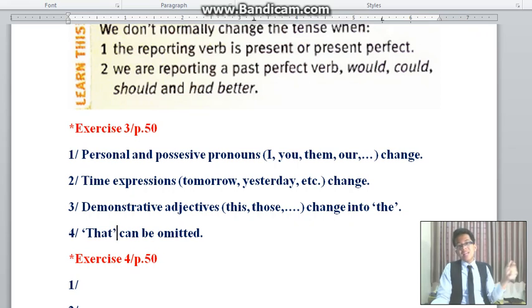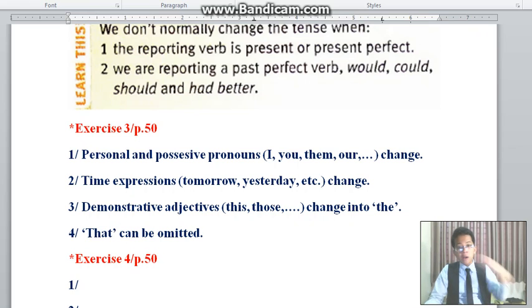Or you can say, he said he would go to London the following day. So you can omit the word that. You can use it, and you don't have to use it if you don't want to. It is okay if you omit that word or you use it, they still accept it as a correct answer, so don't be worried about that.